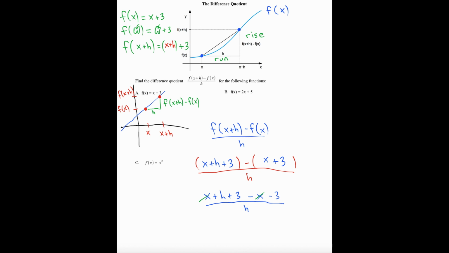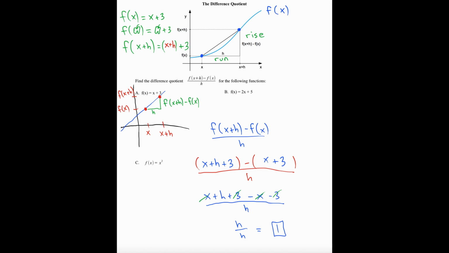So it looks like the x's will cancel, and even the 3's will cancel too. So what does that give us? h over h, which is 1. It shouldn't be a surprise because that actually is the slope of x plus 3.